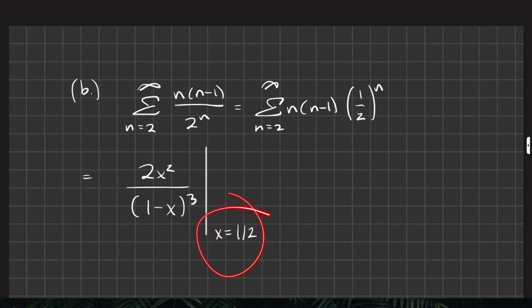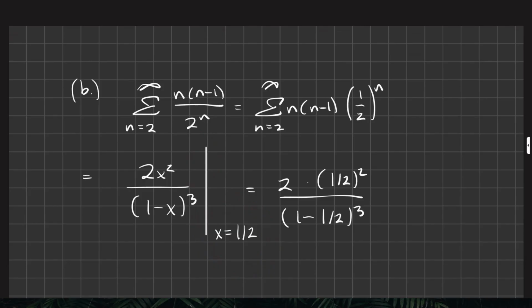Okay, so this is just 2 times (1/2) squared over (1 minus 1/2) cubed. This comes out to 2 times 1/4 over (1/2) cubed, which is 1/2 over 1/8, which is just 8 divided by 2, so 4.